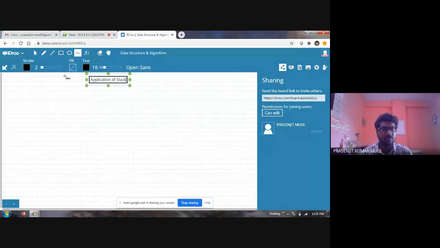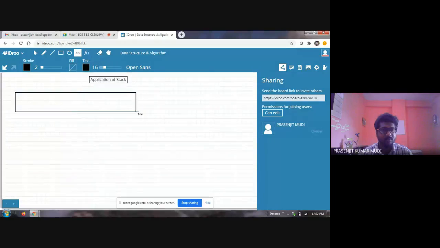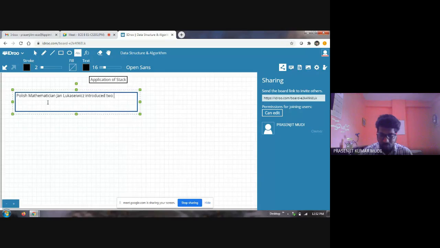Right. So one Polish mathematician, Lukasiewicz, introduced two popular Polish notations of expressions.